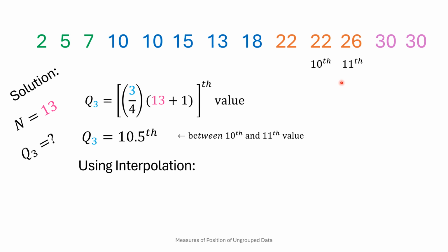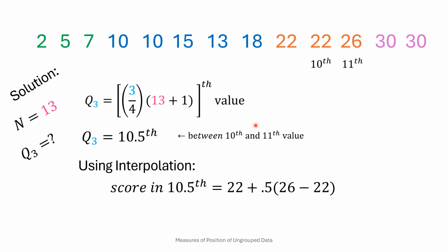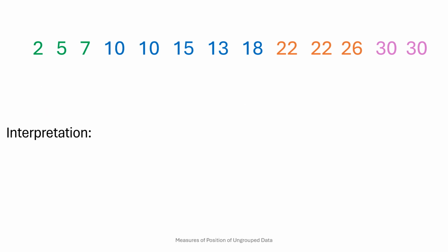Applying the linear interpolation, the score in the 10.5th position is 22, the lower value, plus the decimal part of the position, 0.5, times 26, the higher value, minus the lower value 22. Therefore, quartile 3, or the upper quartile, is 24. Interpreting the result, quartile 3 is at the middle of 22 and 26.